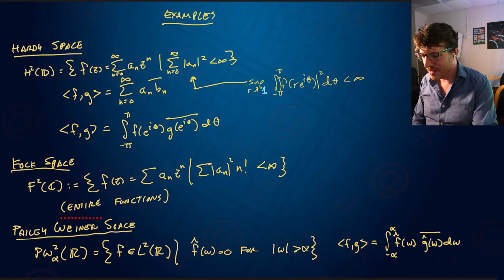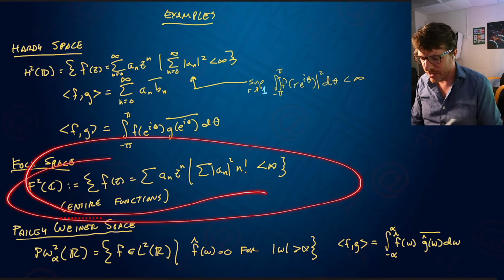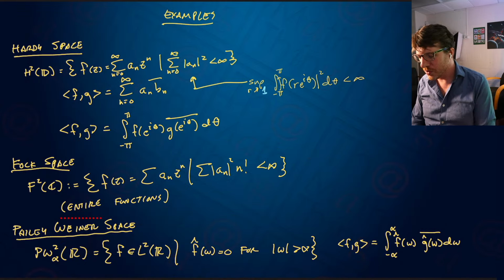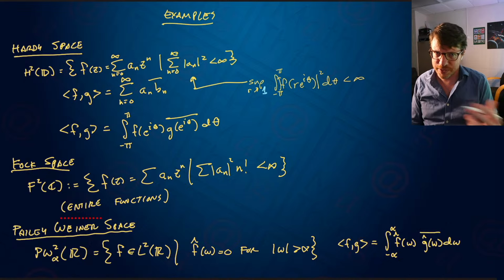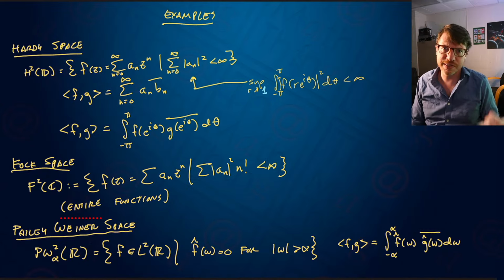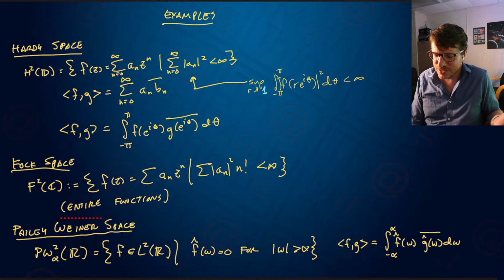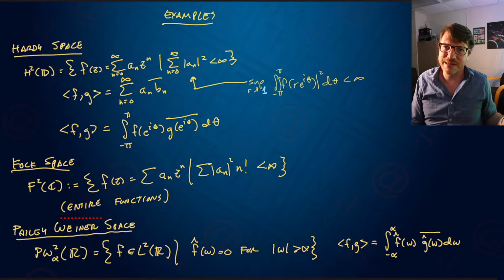But another space that we want to talk about here is the Fock space. Again, there is also an integral representation of this, but I'm going to ignore that because it's not going to be relevant for most of the things we do. The Fock space is also known as the Siegel-Bargmann space, the Bargmann space, the Fock space, the Siegel-Bargmann-Fock space. These three guys worked on it separately, and it all came together.